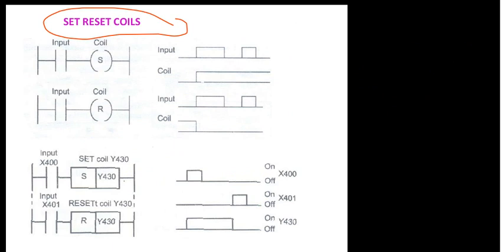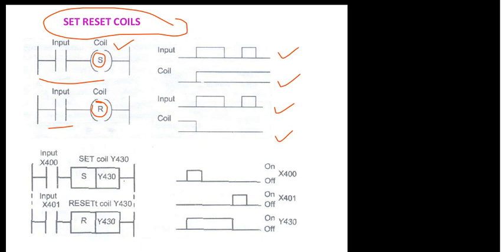Now if you look at the two diagrams here, the first one input, then you have got a coil which is written as S here. As you can see, you have got one more coil and input where this coil is written as R, that indicates the reset, set and reset. Now after having seen the timing diagrams here, it is too simple to understand what exactly is going to happen there, right?